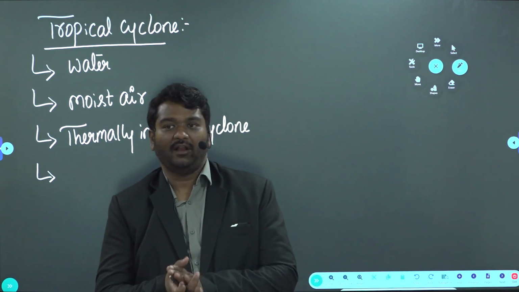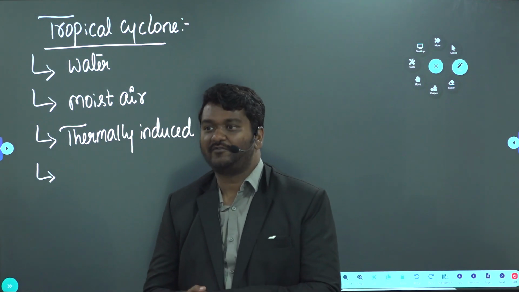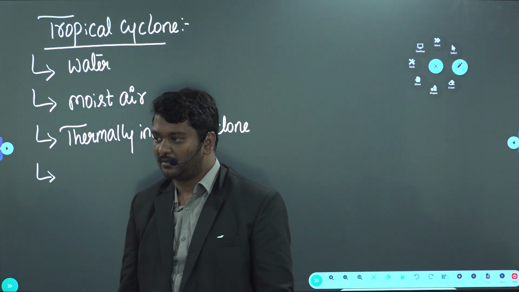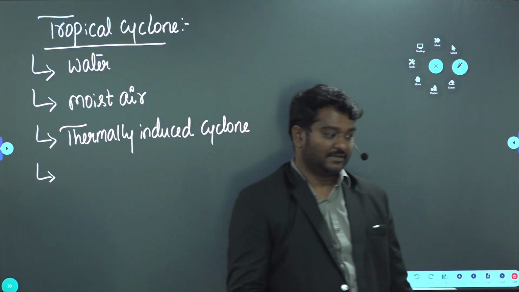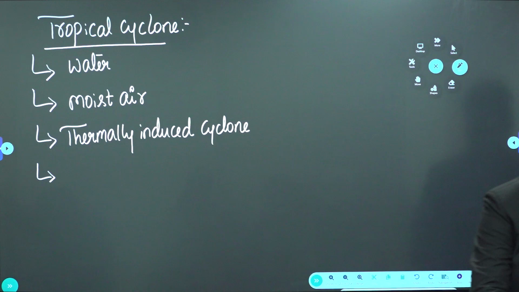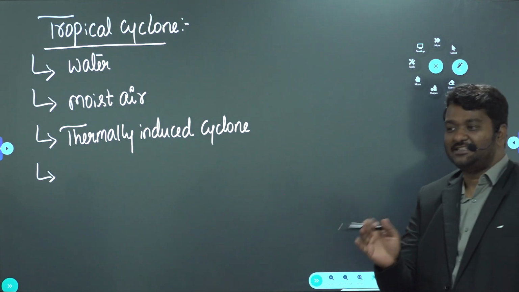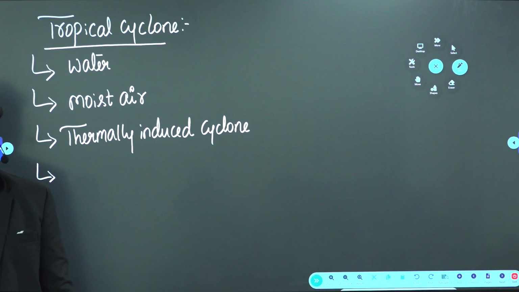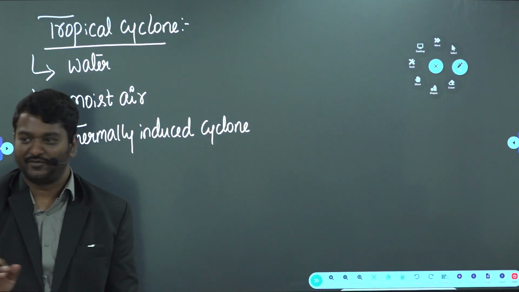Think properly and tell. Which side of the oceans are tropical cyclones formed? For land, eastern side. For ocean, western side. That's the only confusion you'll have.